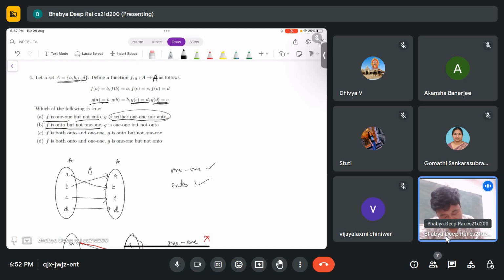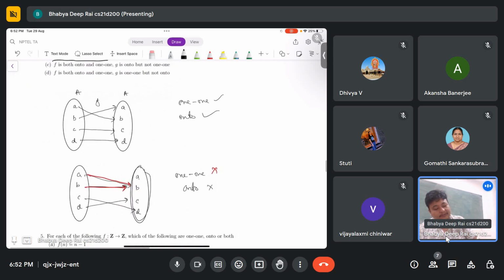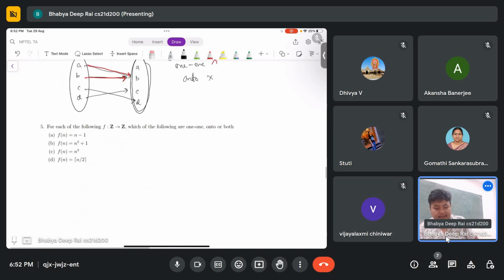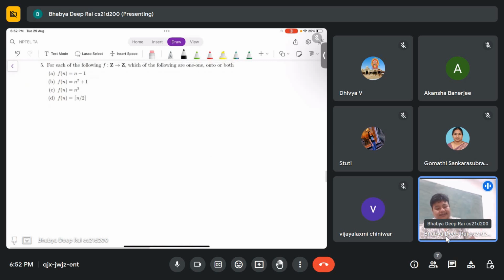And F should be 1-1 and onto. So yeah, F is 1-1 and onto, but G is not 1-1 and not onto.